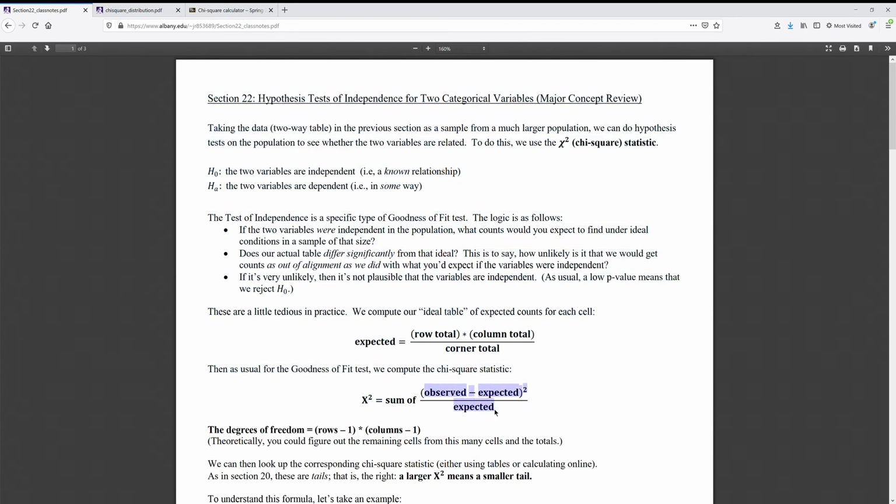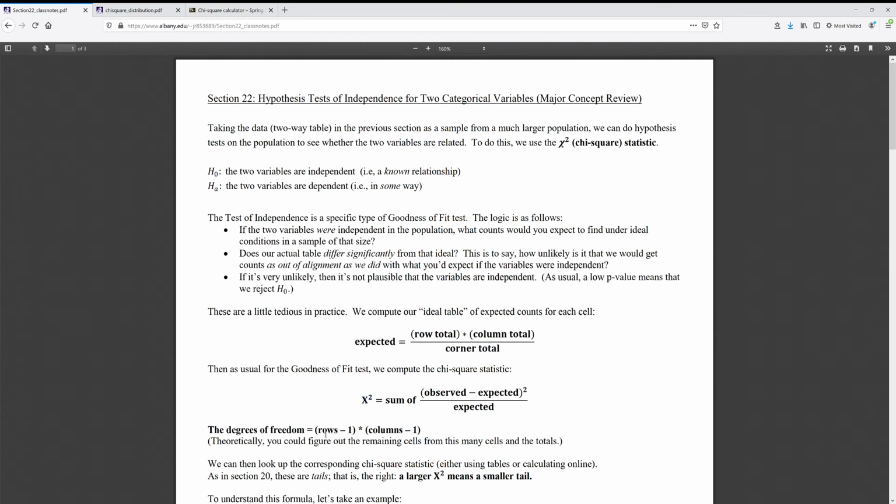As we talked about in section 20, and for exactly the same reasons, we're adding up a bunch of positive things to get a positive statistic. The same old right-tailed chi-square statistic. Same table, same chi-squared. Only difference is we've got a little bit more work to get to those expected counts rather than being given them at the start of the problem.